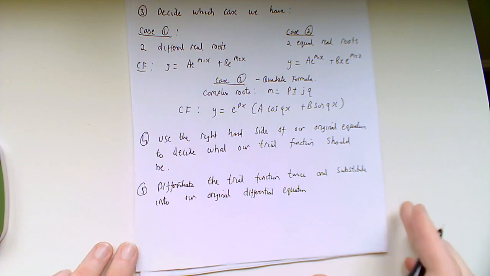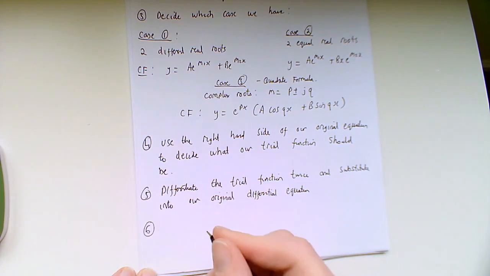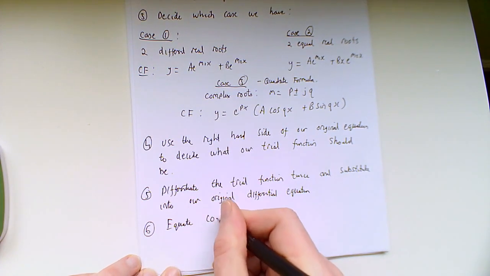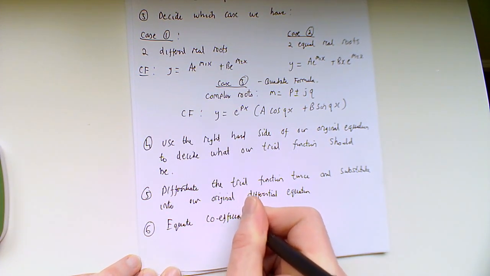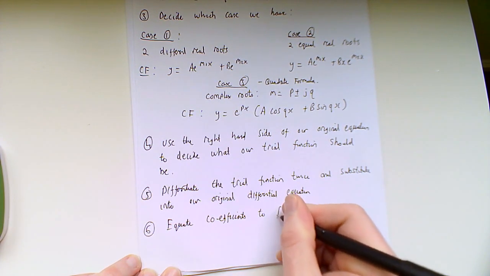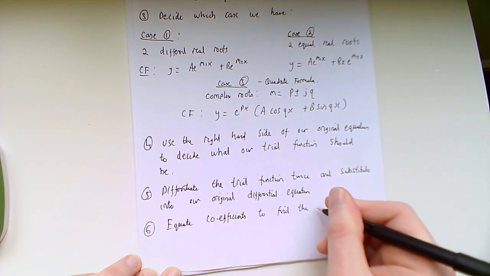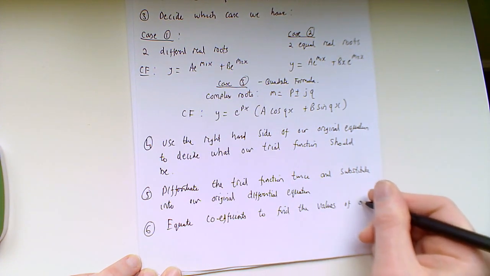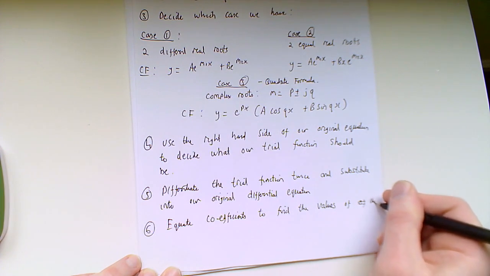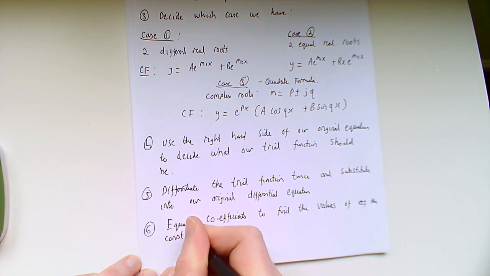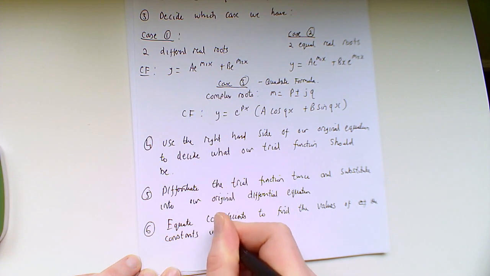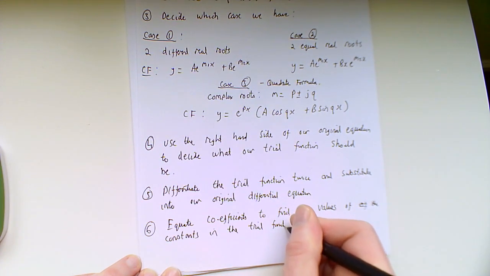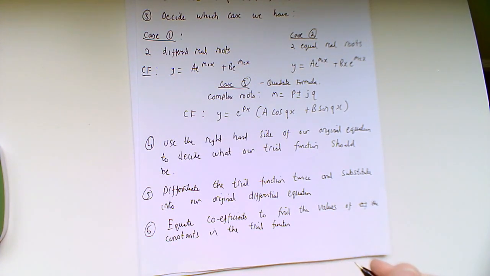Okay. We equate coefficients to find the values of the constants in the trial function. And this gives us our particular integral.